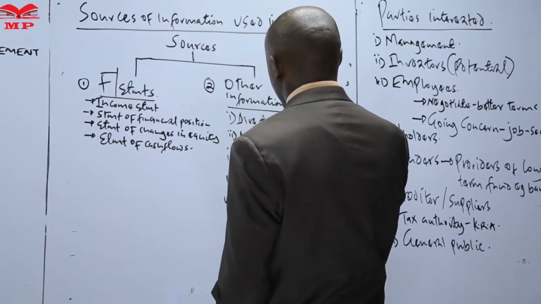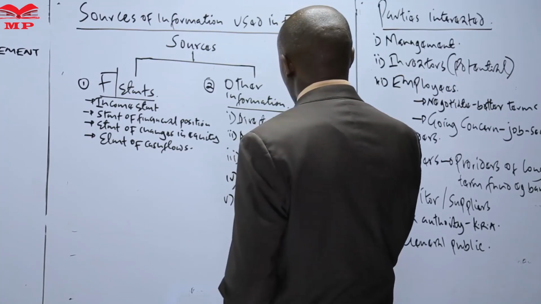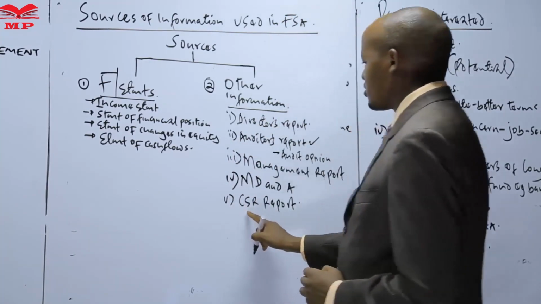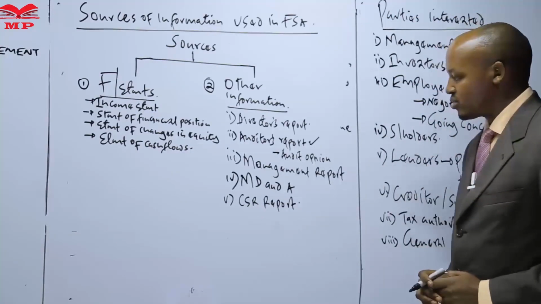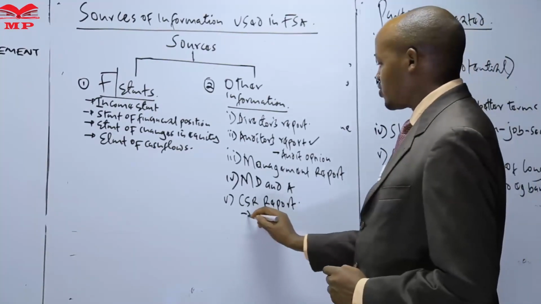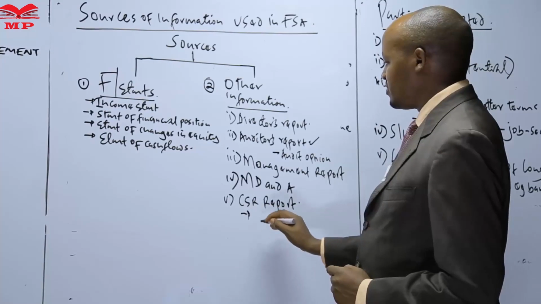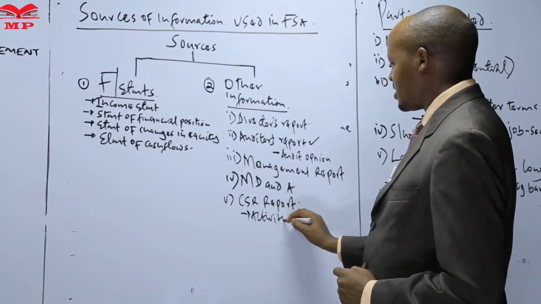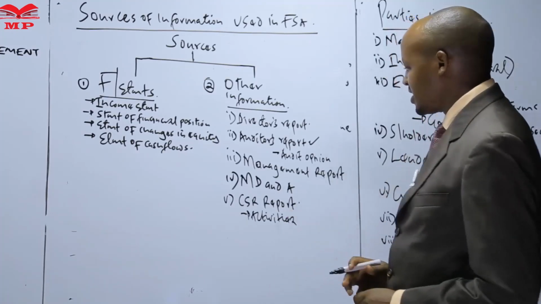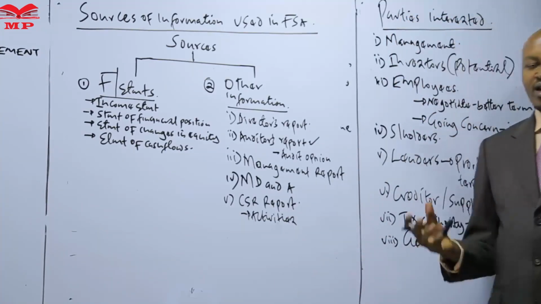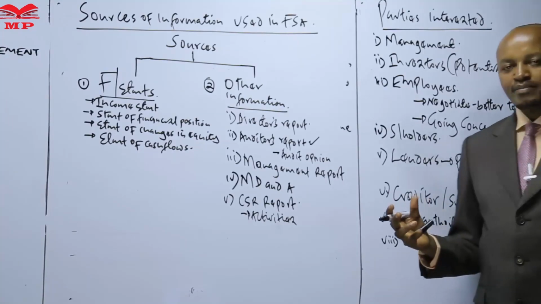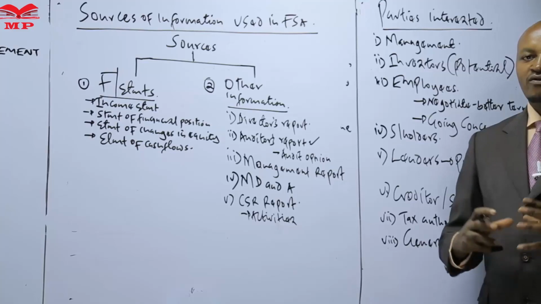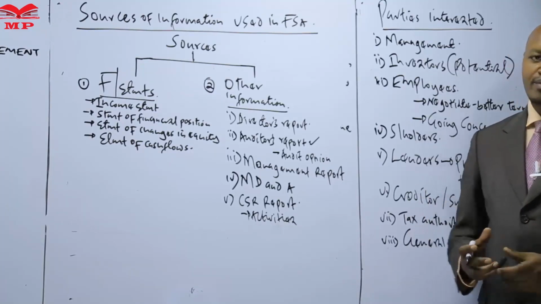Now the other source of information is something known as the corporate social responsibility report. Remember, when we talk about corporate social responsibility, these are those particular activities which are undertaken by a business entity or company, and which are meant to promote the welfare of the society in which the company operates.